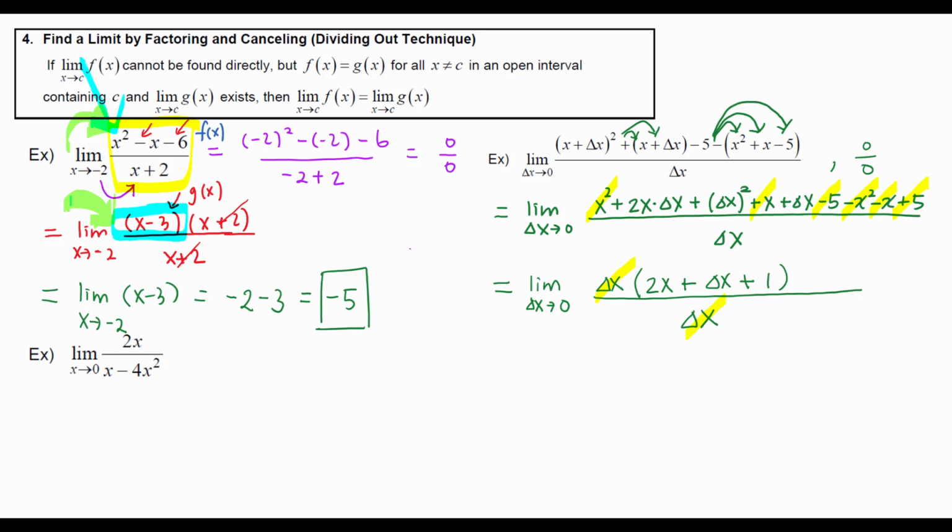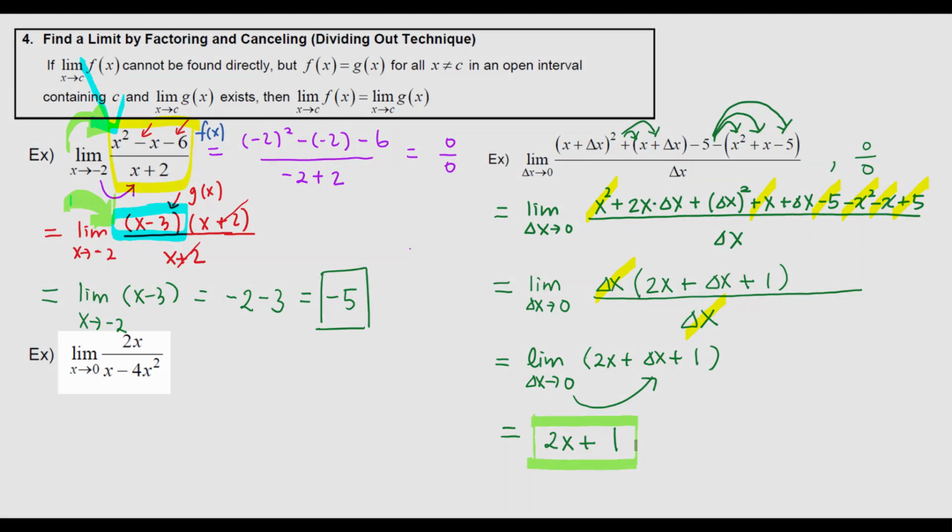And now you get to plug 0 for delta x. Now all I have is 2x plus delta x plus 1. So as you plug 0 for delta x, my limit becomes 2x plus 1. So you found the limit, and your limit is the function 2x plus 1.